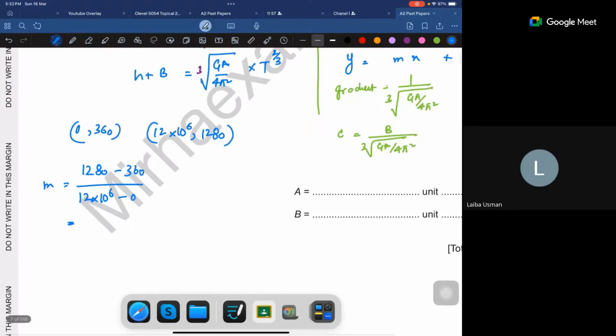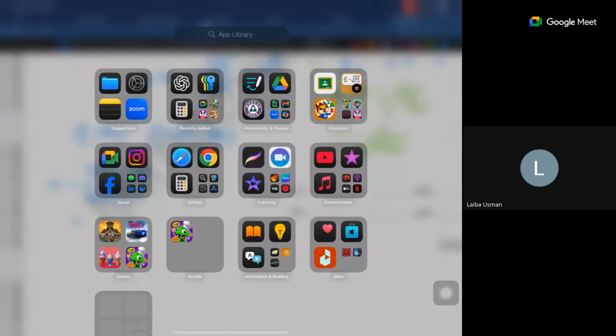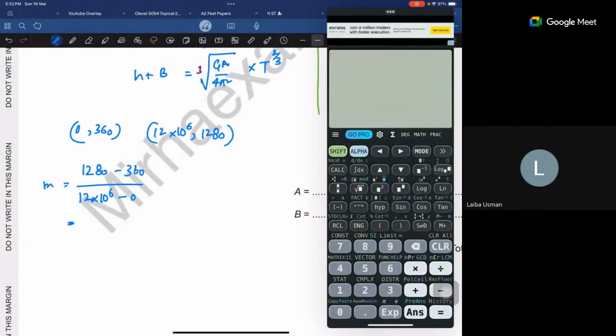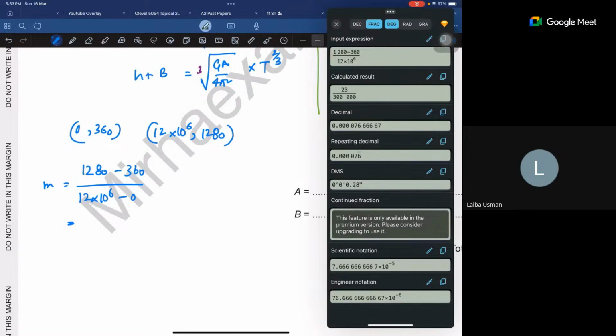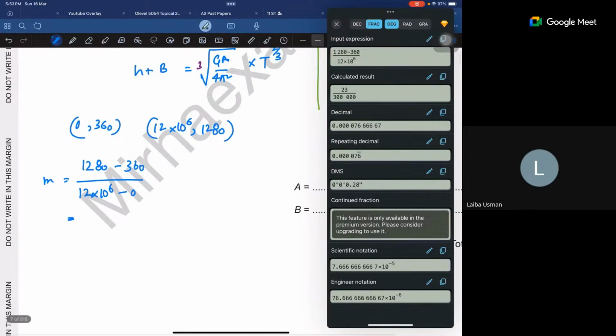So let's quickly do this. 1280 minus 360, and then 12 into 10 raised to power 6. So the gradient I'm getting is about 7.67 into 10 raised to minus 5.